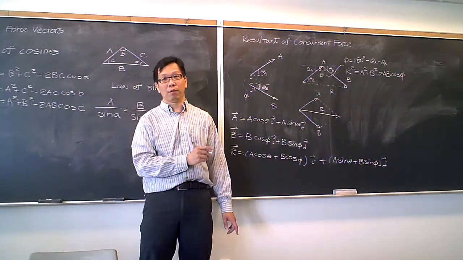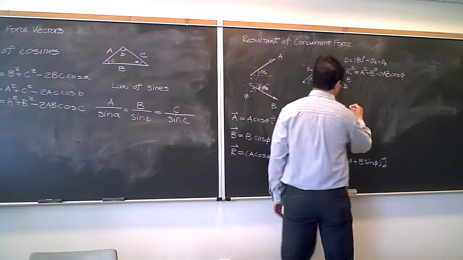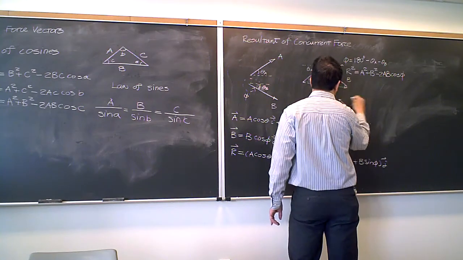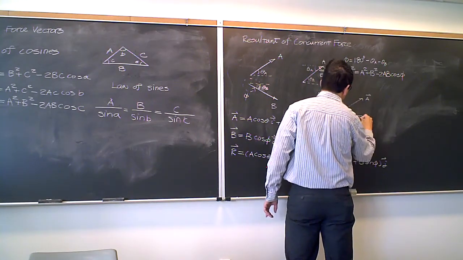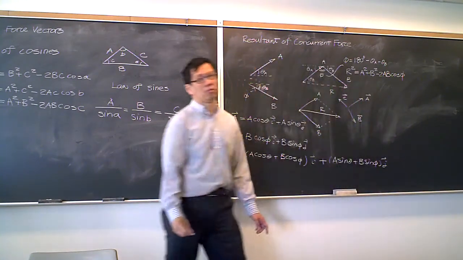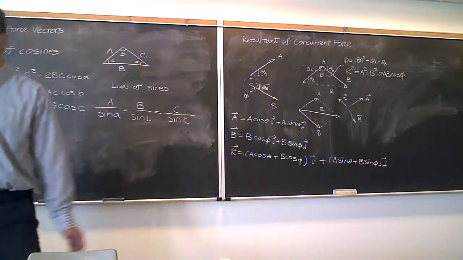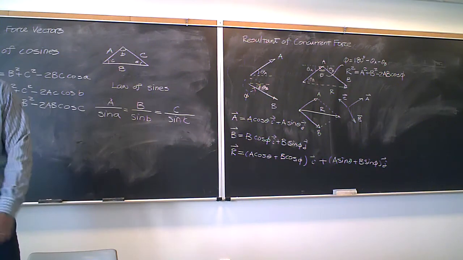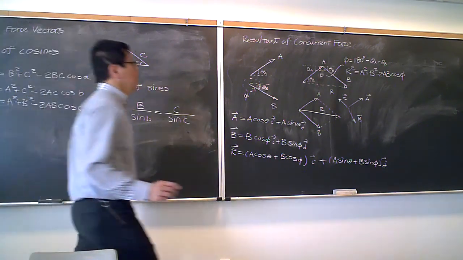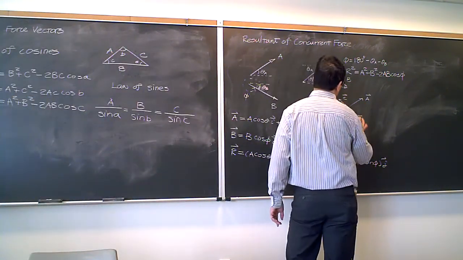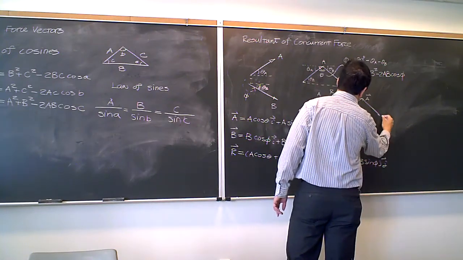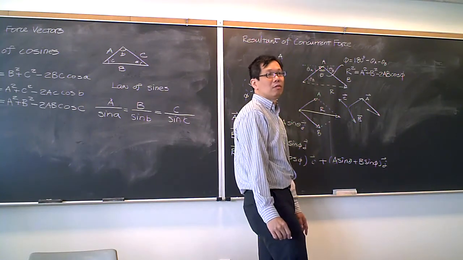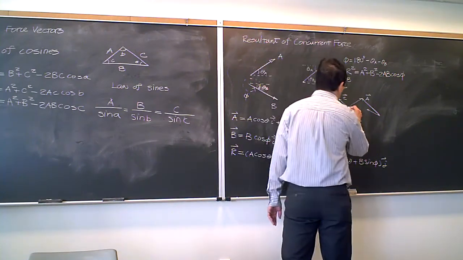But if you have three vectors, let's say I have a vector over here, a vector over here, a vector over here, A, B, C. I wouldn't suggest using the geometry method to find the resultant of those three forces. Because you might say, hey, I just use this one, and this one, and this one. Well, concept-wise, it's correct, and you just do this.